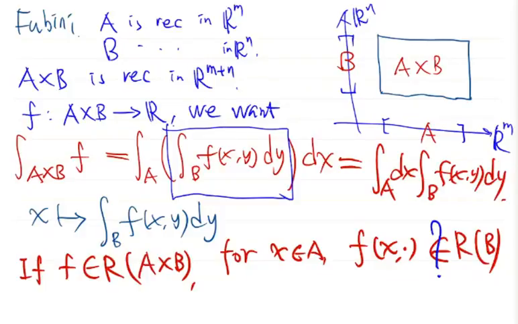Can the integrability of f over the Cartesian product imply that, for fixed x, considering f as a function of y defined on B, this function of y is integrable on B? This is an interesting question. The answer is no. It is easy to give examples where the multiple integral, the double integral, makes sense, but the inside integral makes no sense.